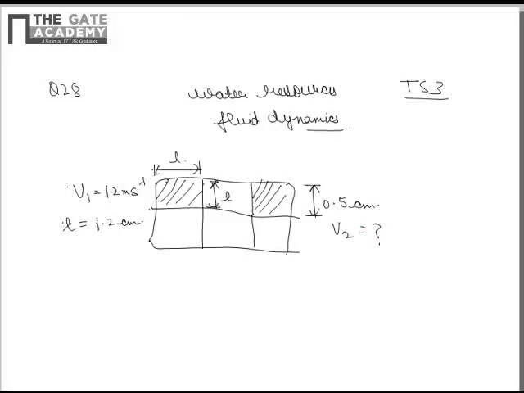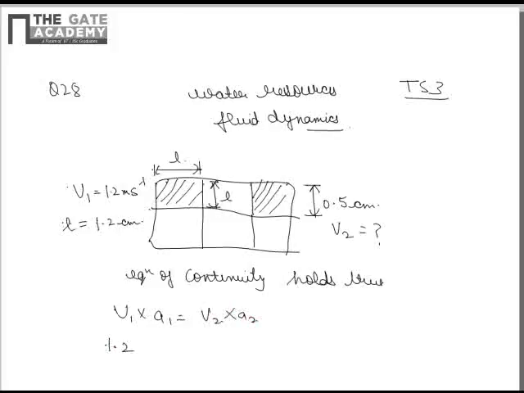Now since we know that through a flow net mass remains conserved during flow, the equation of continuity holds true, that is V1 multiplied by A1 should be equal to V2 multiplied by A2.